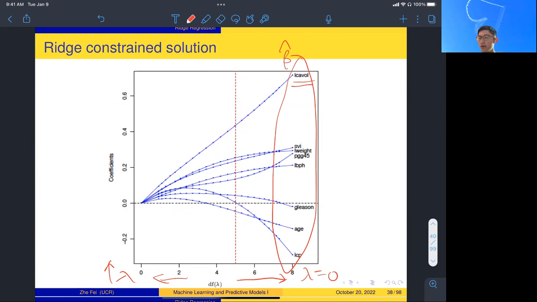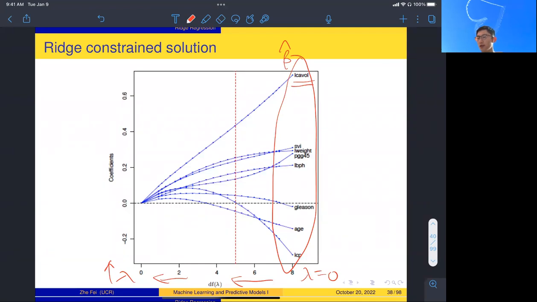Then as your lambda increases from right to left, we see the shrinkage effects. Beta hat becomes smaller and smaller.